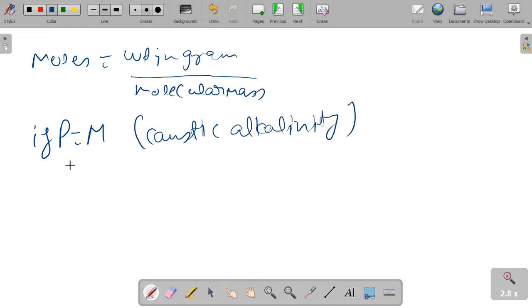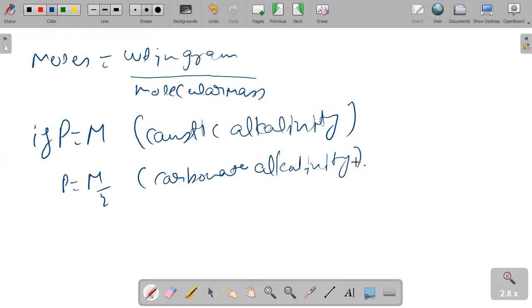And if P is equal to M by 2, it's carbonate alkalinity. And if P is equal to 0, then all alkalinity is due to HCO3 minus.